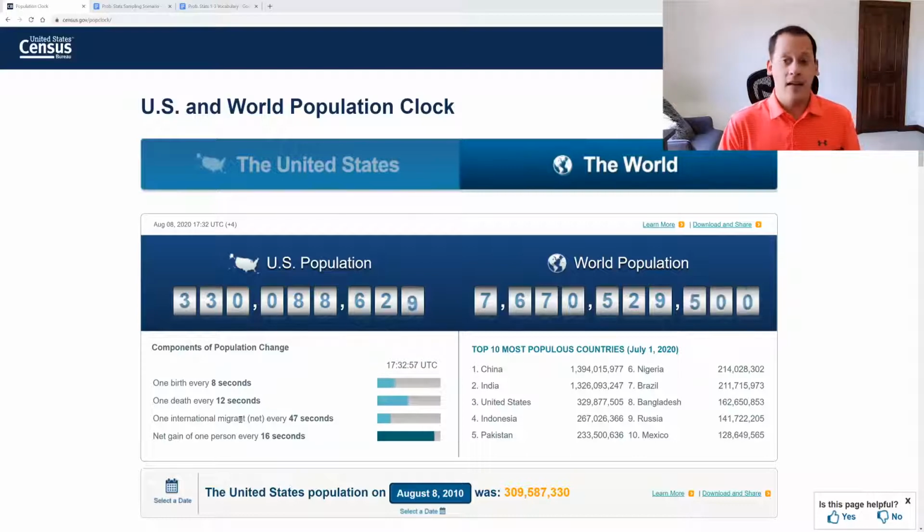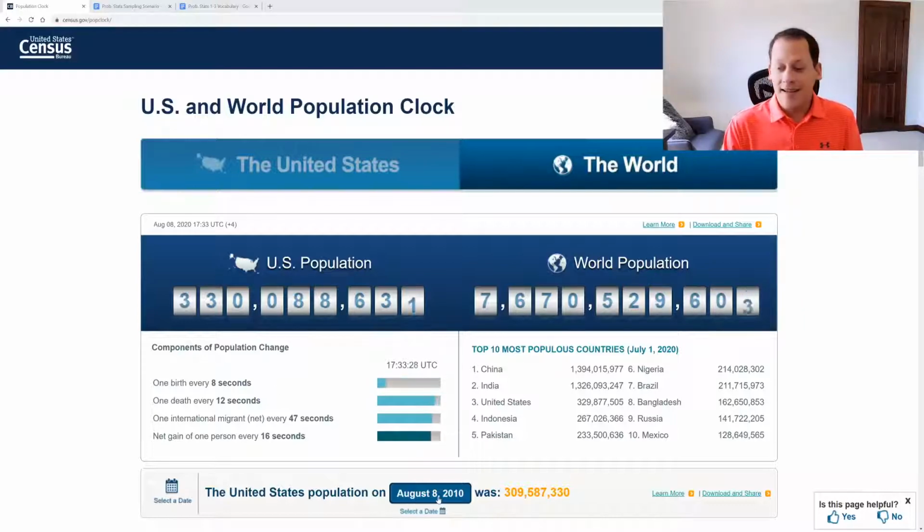We are netting an additional person into the country every 47 seconds, which means every 16 seconds on average, the US population is increasing by 1. And we're currently approximately, again, there hasn't been an actual census of the United States since 10 years ago, so this is just an estimate, but we are supposedly just over 330 million people in the United States.